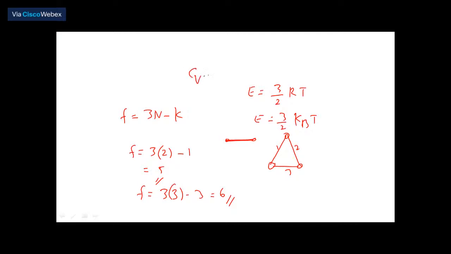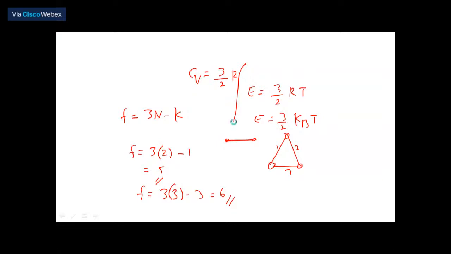CV is equal to 3 divided by 2 into R in case of molecules. Of course, if you multiply this by number of degrees of freedom, this will vary depending on atomicity. So these are the basics we need.